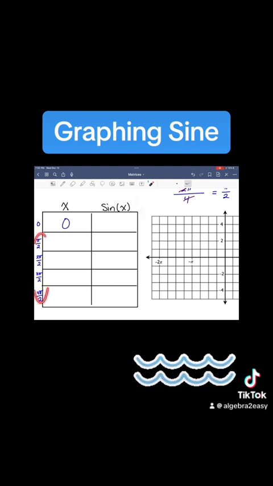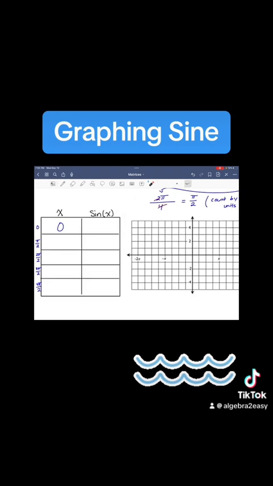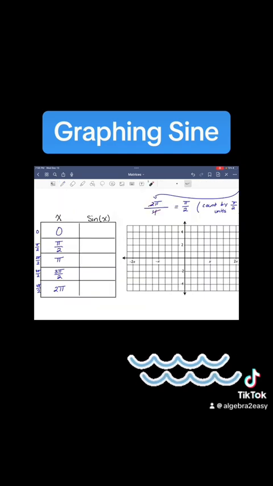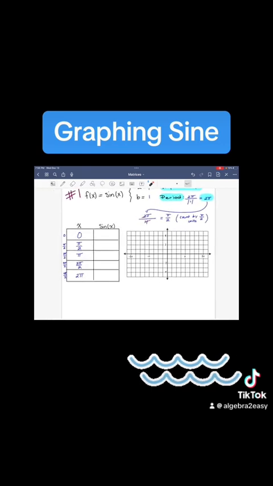So I have 4 pi over 2s, which is what we wanted. So now we can simplify those if we need to. Pi over 2 doesn't simplify. What about 2 pi over 2? Well, that becomes just pi. 3 pi over 2 doesn't simplify. And 4 pi over 2 becomes 2 pi. Now we have the best angle measures that we could want for graphing sine of x.